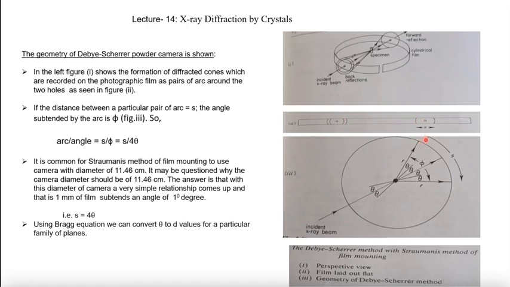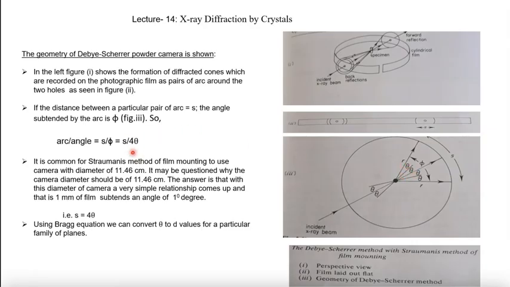If this pair of cones has a distance S, we can relate it mathematically with theta, and thereby we can find the subtended angle per millimeter of film. How do we do it? Arc by angle. The arc is S, and S by phi is obviously 4 theta.